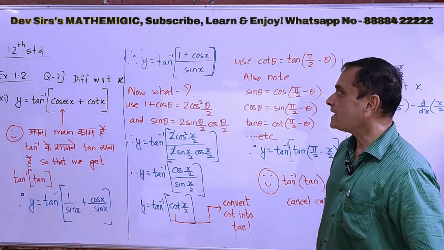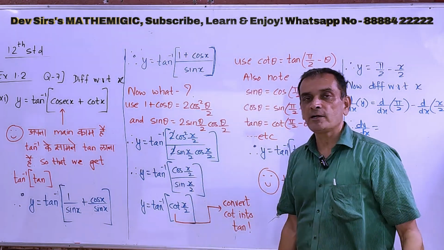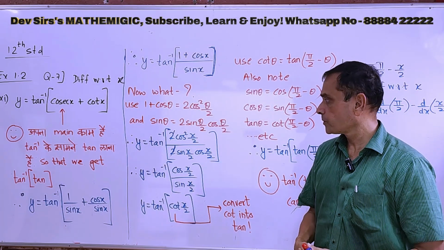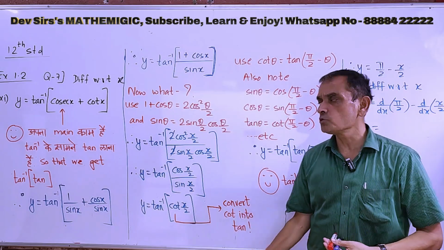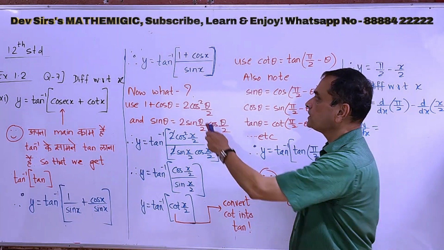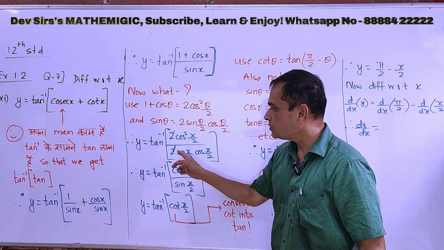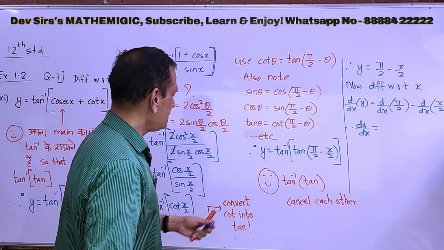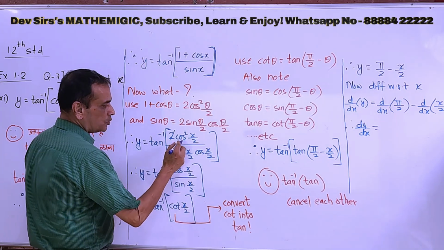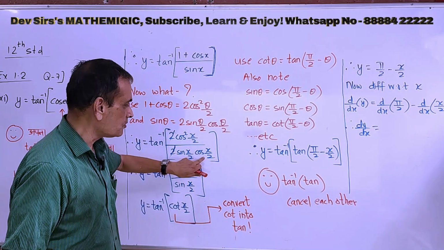So because of that we get 1 plus cos x as 2 cos squared x by 2, and sin x as 2 sin x by 2 cos x by 2. Look here, cancel the outside 2. One more thing is getting cancelled. What is that? See here. You have a square over here, and you have cos over here.